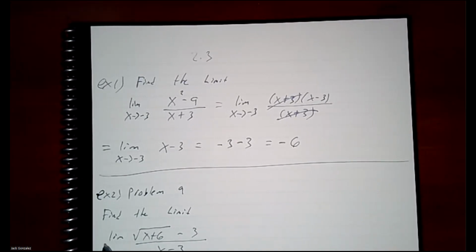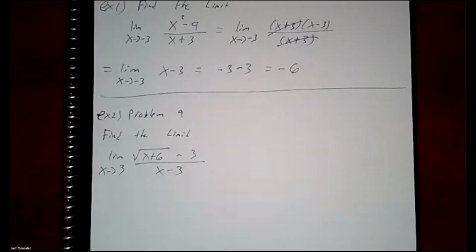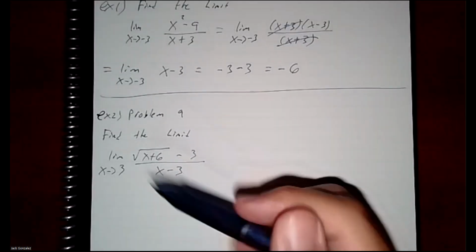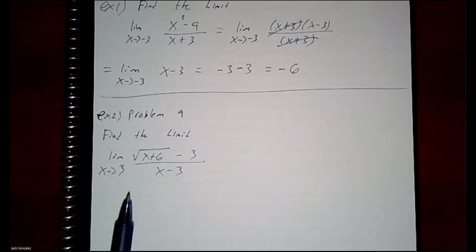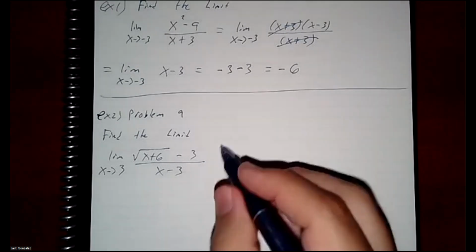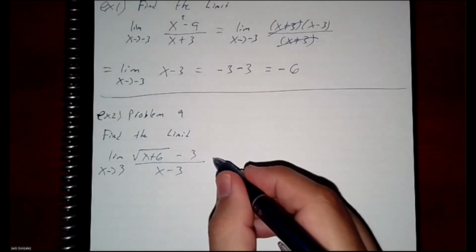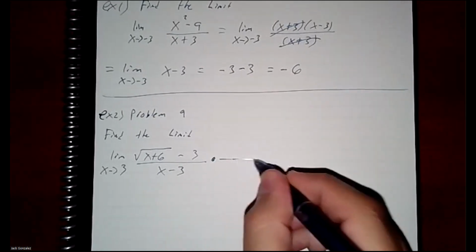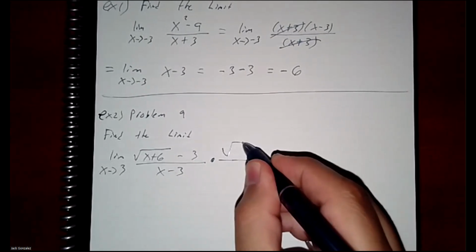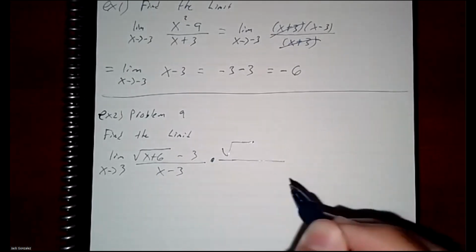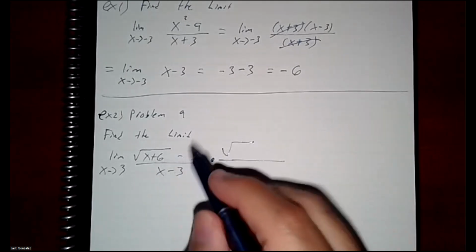So whenever you see a square root like this, you should think, okay, I need to use conjugate pairs. I mean, you could try plugging it in, but you should see right away. Plugging in 3 will give me a 0 on the bottom, right? So to do this algebraically, you're going to have to multiply by the conjugate on top and bottom. The conjugate is always going to be of the part that has a square root.